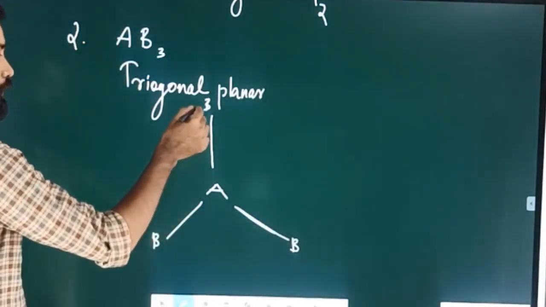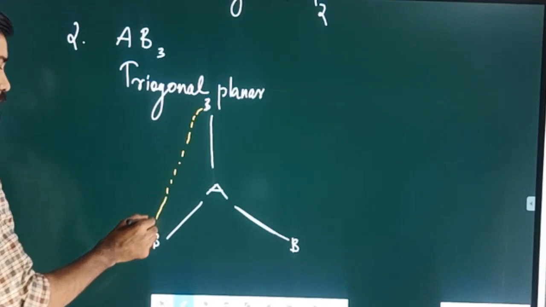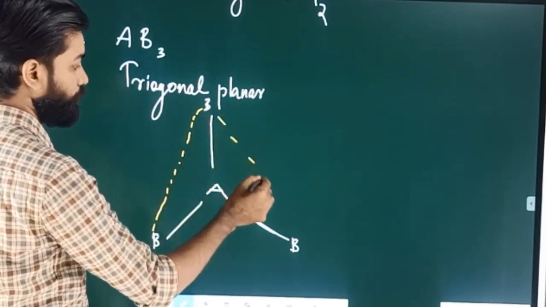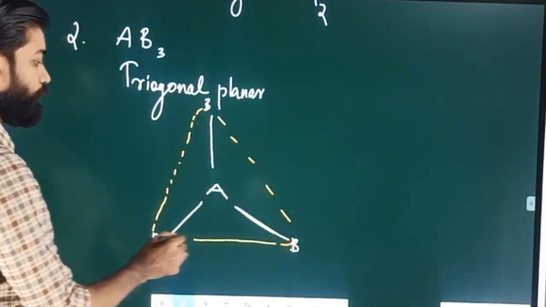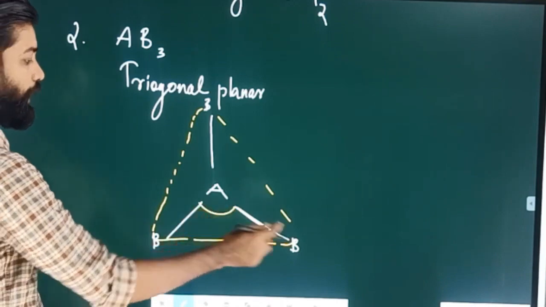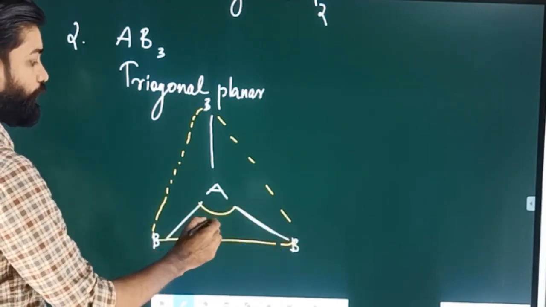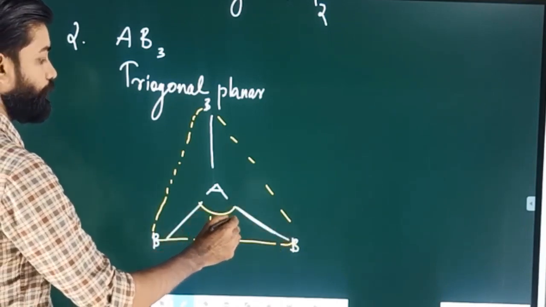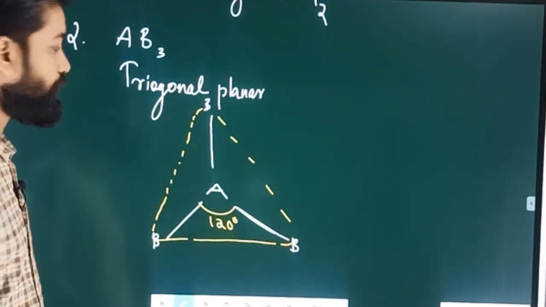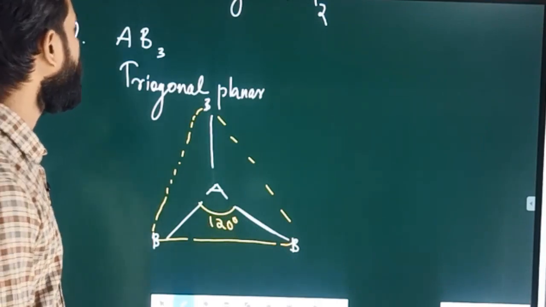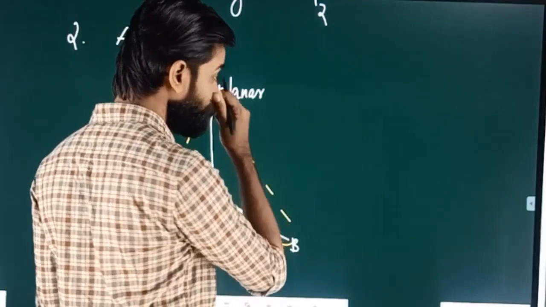And this is the periphery. This is the shape actually, but the angle between a bond and a bond is 120 degrees. This is the shape of AB3, trigonal planar.